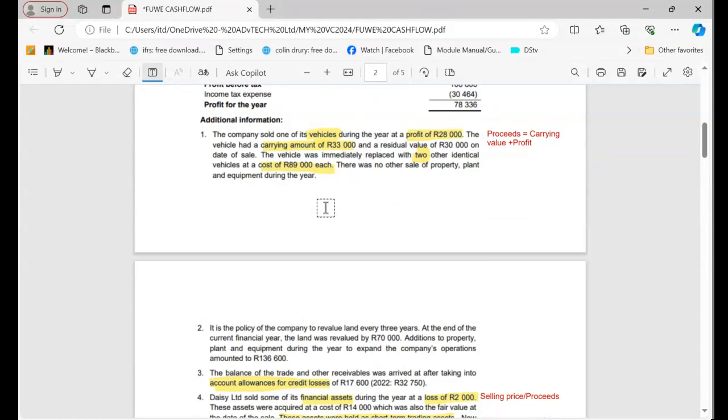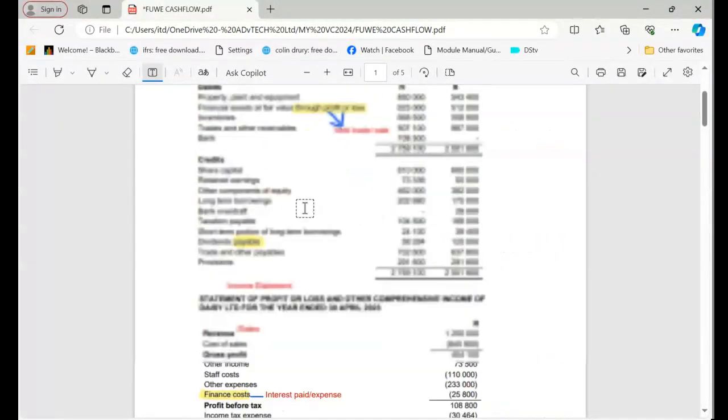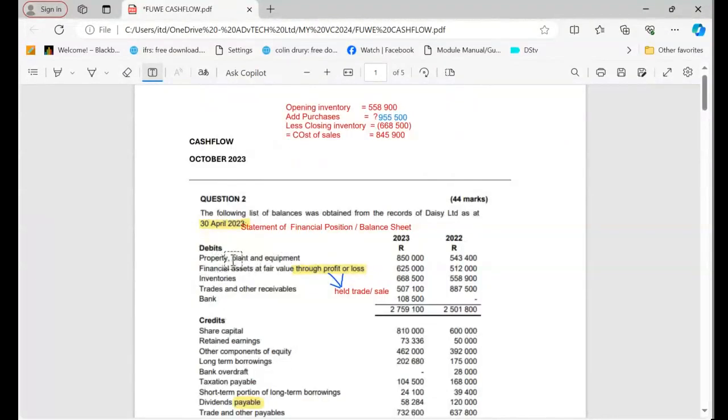Now, but what if in future we don't have this information? Because it can happen. We don't have this note. We were supposed to focus on this one here. Can you see now? And compare the two amounts and check whether there's been an increase or decrease. Do you see an increase for this one here? Yes, there's an increase from the previous year.